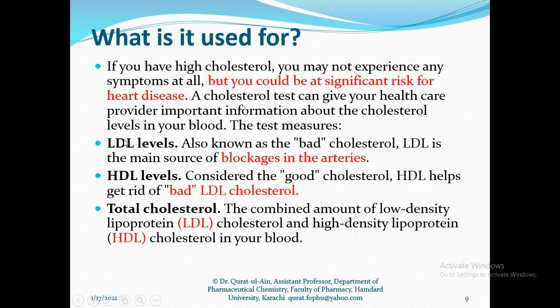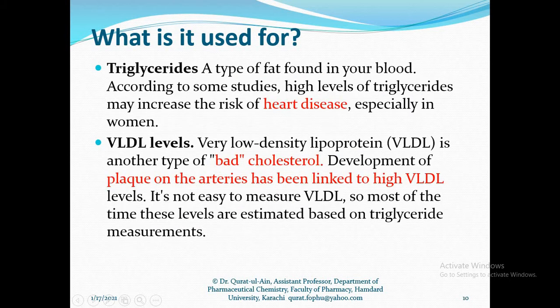For example, we can find out the level of low density lipoprotein, the level of high density lipoprotein, and the total cholesterol in your body. The total cholesterol is the combination of the concentration of low density and high density lipoprotein in your blood. And you can find out the concentration of triglyceride in the blood, or the VLDL, that is very low density lipoprotein.